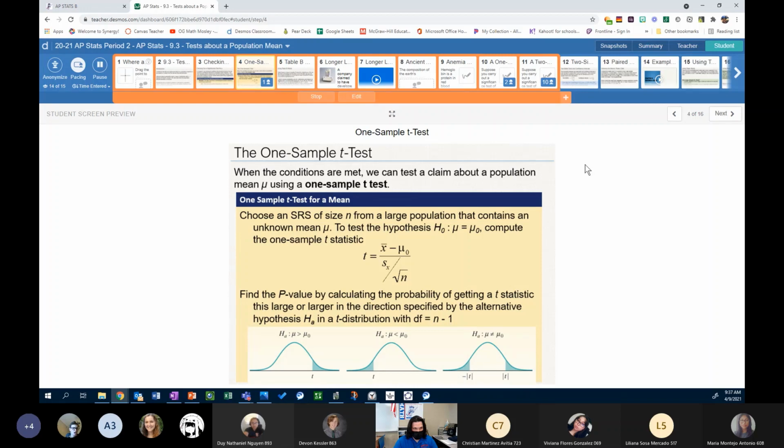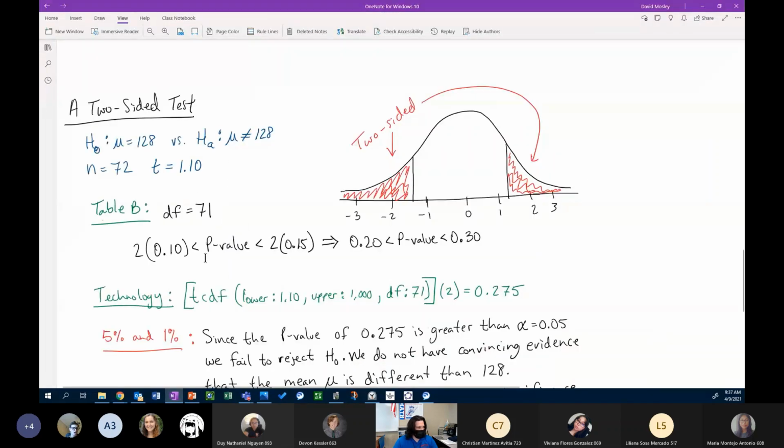So when we use table B, we will find the p-value corresponding to t equaling 1.1 and then double it, because we multiply each of those sides by 2.